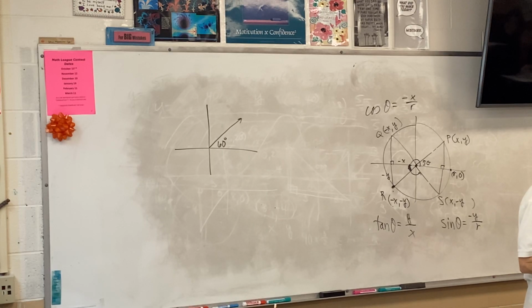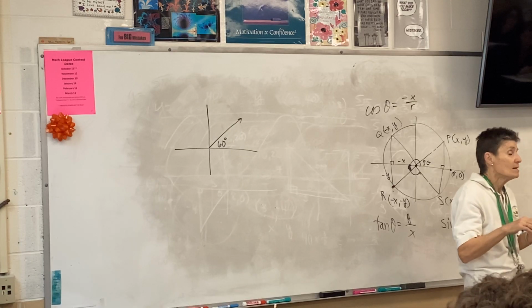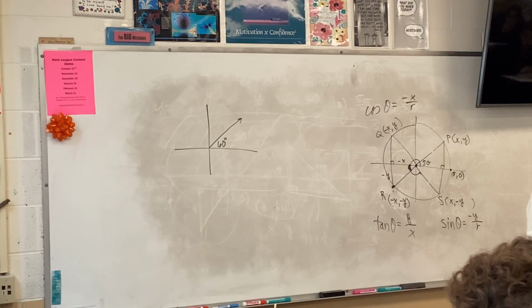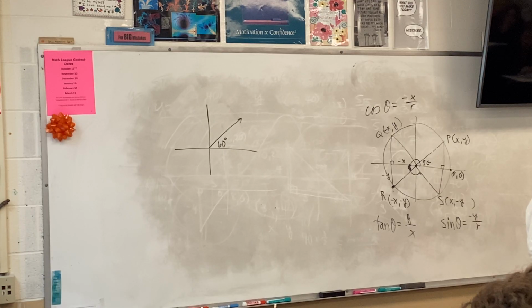Somebody just decided, one of those Egyptians probably, fascinated by numbers like 6s and 12s, we're going to take a circle and split it up into 360 pieces, and call each of those pieces a degree.